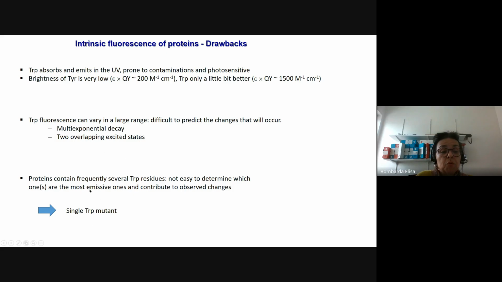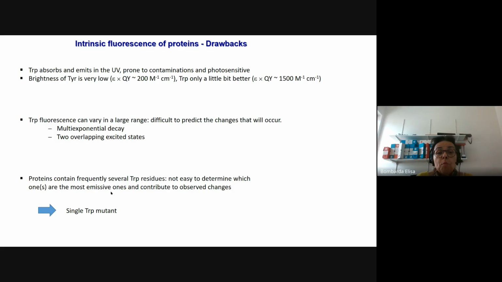For example, we saw this, or by quenching studies to distinguish between a tryptophan that is more exposed to the solvent than the other. So there are some efforts, but as you see, they are not always completely successful.